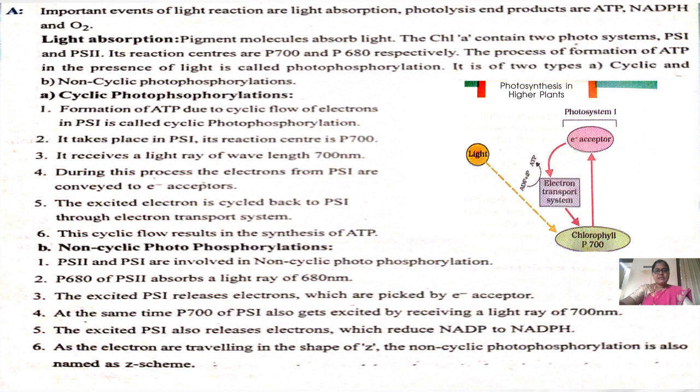In non-cyclic photophosphorylation, the electrons released are picked up by the electron acceptors. The excited photosystem 1 also releases electrons which reduce NADP to NADPH. These electrons travel in a jet shape, hence it is named the Z scheme.